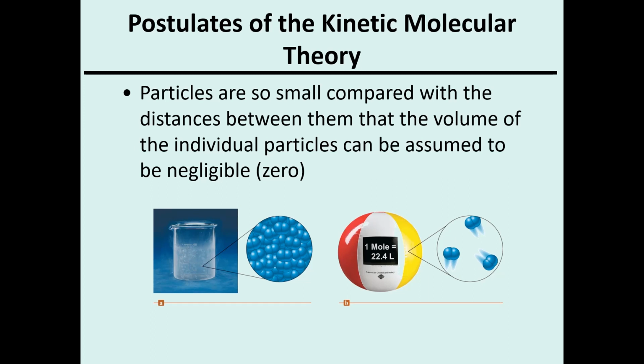Now, there are some conditions in which that's not the case, and we'll talk more in detail about that in just a little bit. But for the purposes of the gas laws, we generally assume, to make our lives easier, that the volume taken up by the gas particles is so small that we can just ignore it and just consider the size of the container.